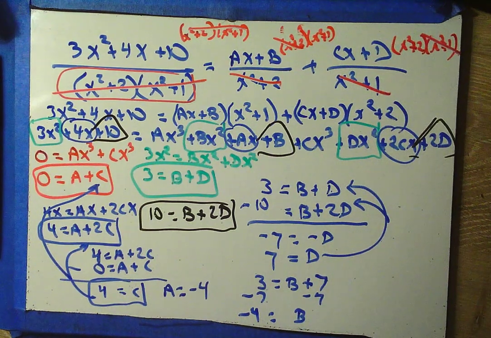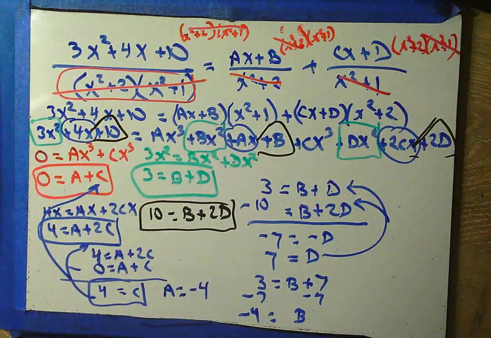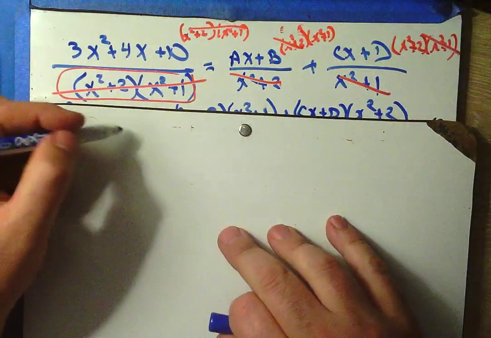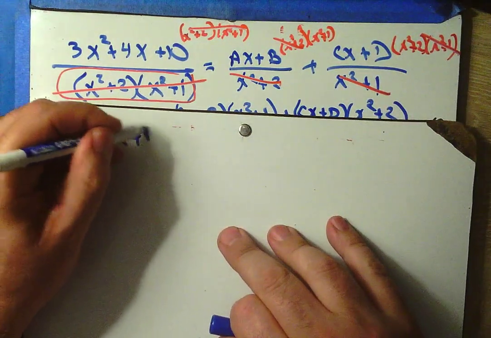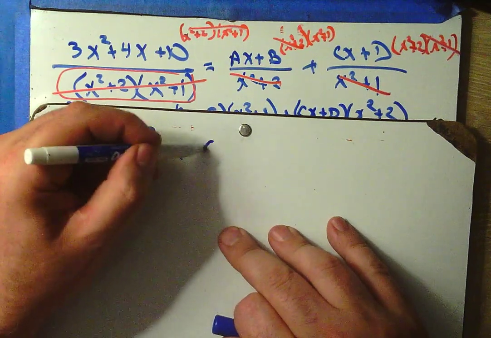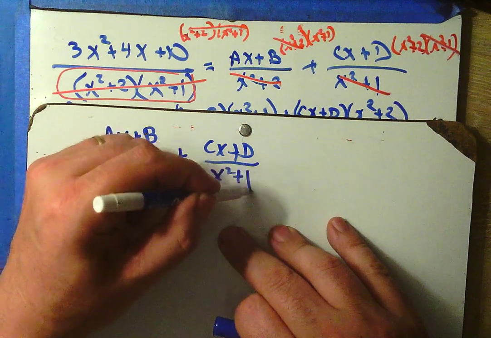So my final answer then, right, because I've got to write this back on top of these originals. Let's take a look at these originals again. We had originally ax plus b over x squared plus 2 plus cx plus d over x squared plus 1.